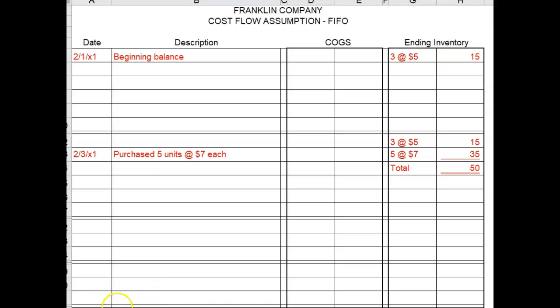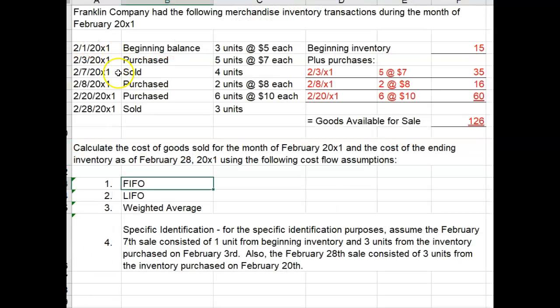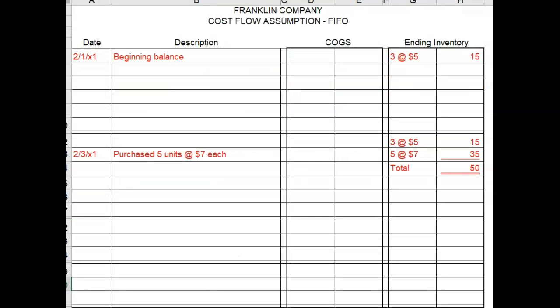Now, the next transaction that happened is we sold 4 units. We need to figure out the cost under FIFO of those 4 units that we sold. FIFO means first in, first out.